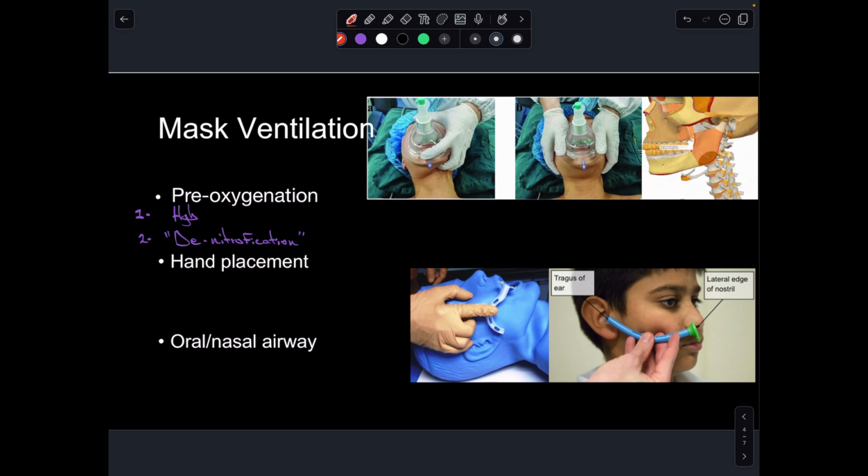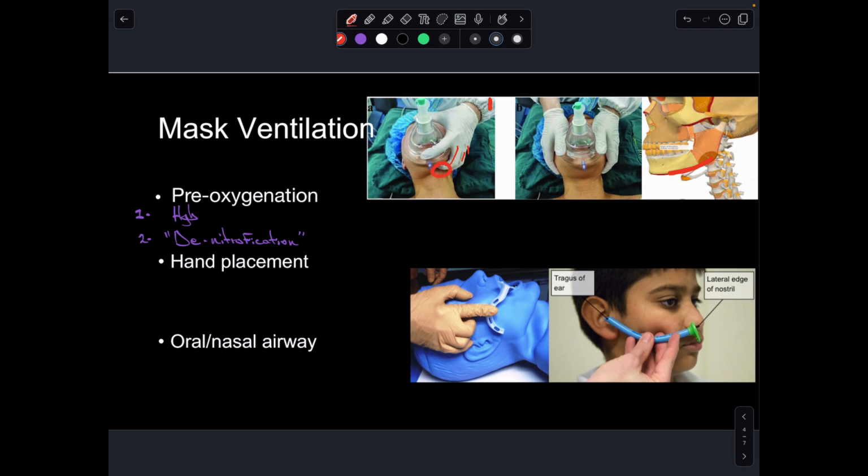You can see right here in this picture, we have the anesthesiologist placing the middle finger, the ring finger, and the pinky on the mandible of the jaw. What you want to avoid is putting pressure on the soft tissue.